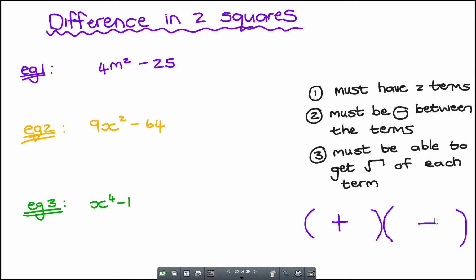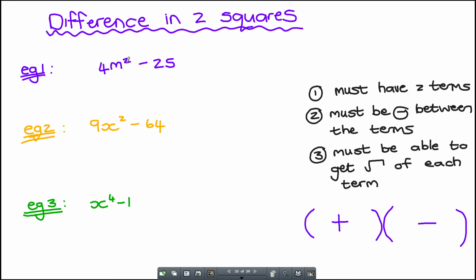Right, now let's do one example together, and then I'm going to make you guys try one on your own. So make sure you understand. Okay, let's look at example 1. Have we got two terms? Yes. Have we got a minus in between? Yes. Can I get the square root of 4m squared?